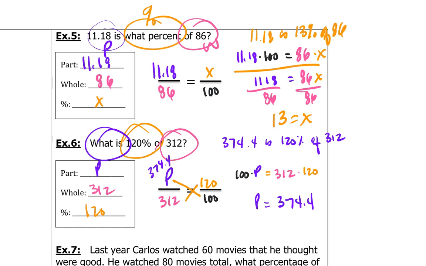If you are the type of student that needs just one way to do it, you're better off to use the cross product equation every time because that way works every time. The other ways that we've talked about, scale factor doesn't work every time, not evenly, not cleanly. And solving for the variable doesn't always work, especially if the variable's on the bottom.